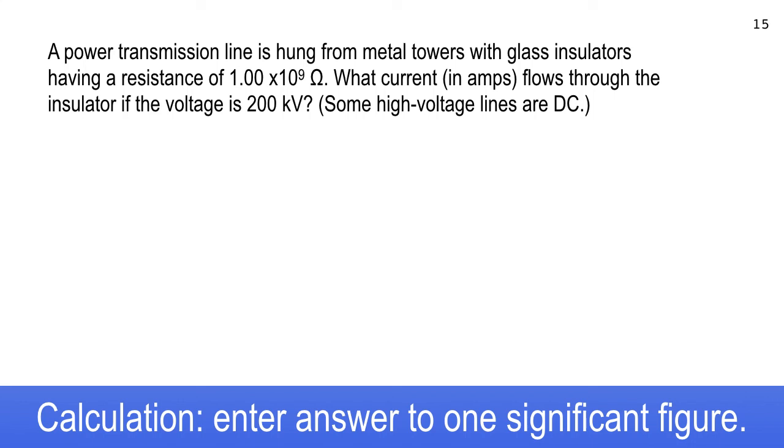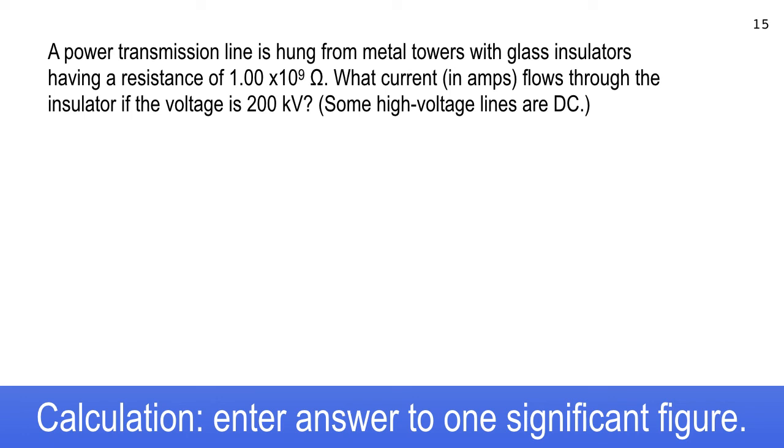So let's just do it on the calculator real quick here. Okay, I think you can see that. Let me bring this in a little bit. All right. So 200 times 10 to the 3, I'll just write in non-scientific notation.